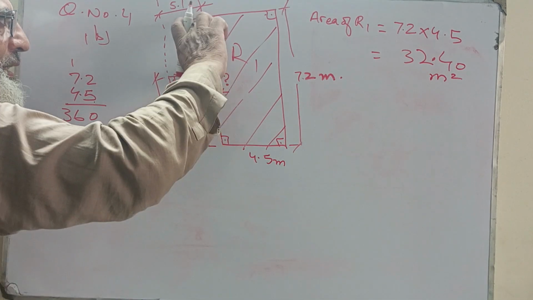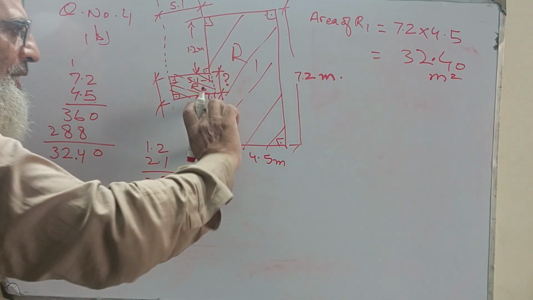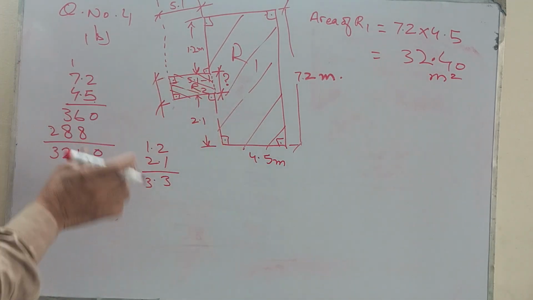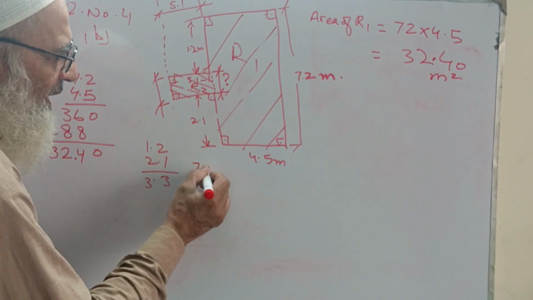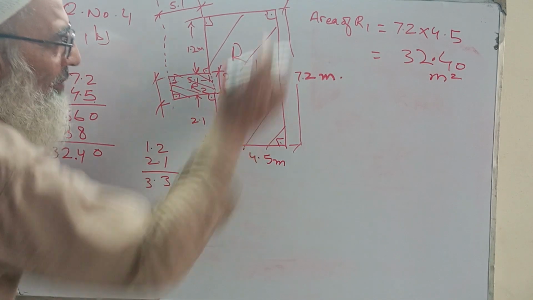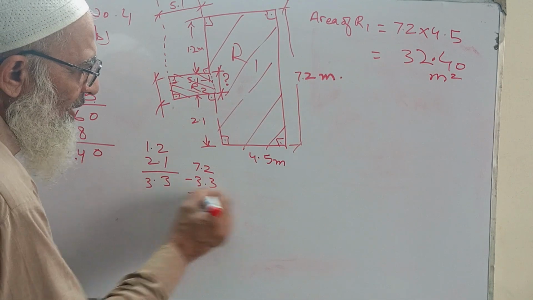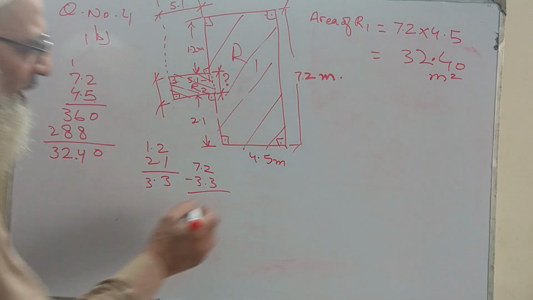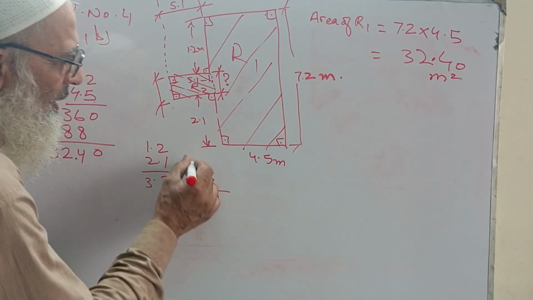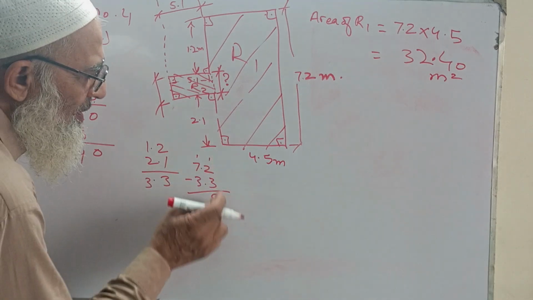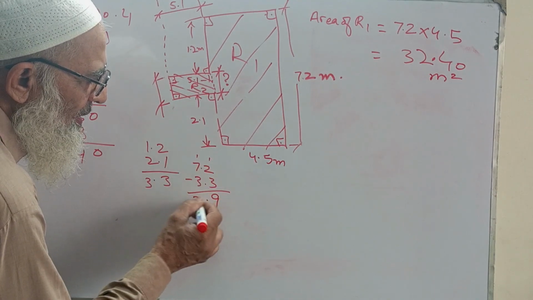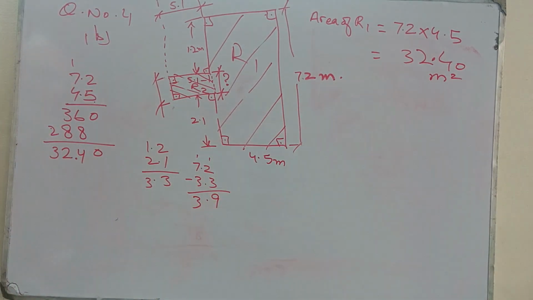When added it will become 3.3, and when I subtract it from 7.2, it will become 3.9. Taking one carry, 12 minus 3 is 9, and 3 minus 3, so 3.9. Okay, now this is 3.9.